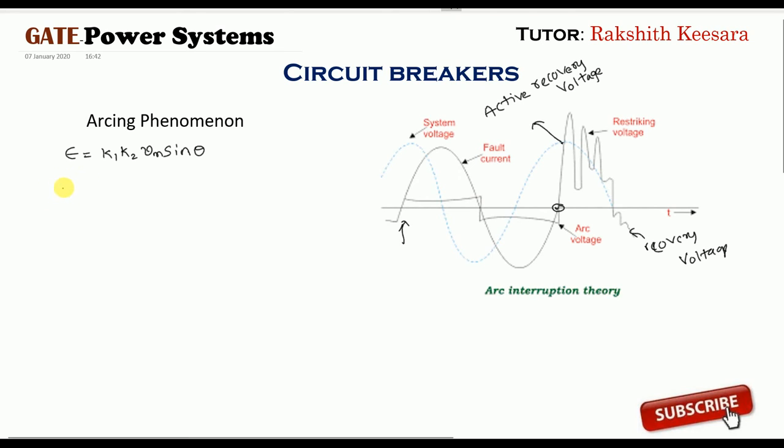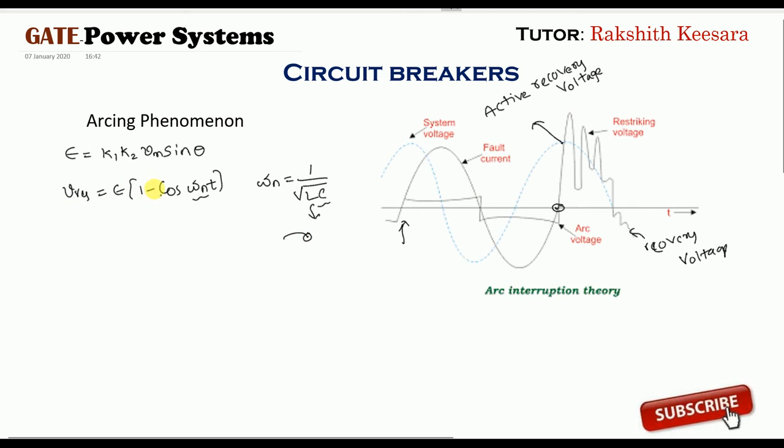And the expression for restriking voltage is E into 1 minus cos omega n t, where omega n is the frequency of natural oscillations and it is given by 1 by root LC, where L is the total inductance up to the point of fault and C is the total capacitance up to the point of fault.